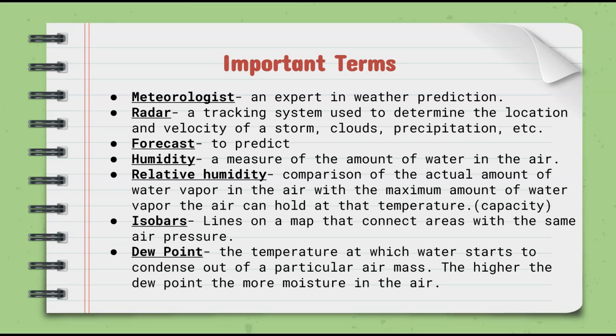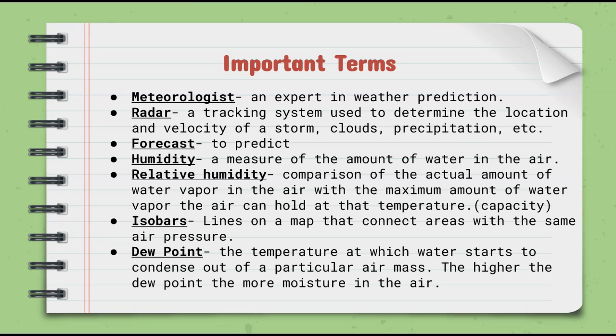The next term is humidity. Humidity is the amount of water vapor that is in the air, that is evaporated in the air. And that is typically given as a percent.